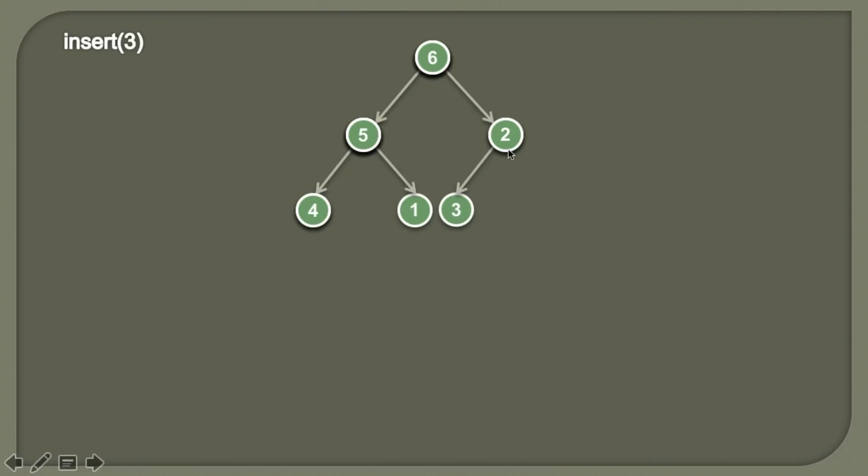We compare 3 with its parent whose value is 2. And we know that 2 is less than 3. Therefore we perform a shift up and swap these two values. And also, friends, we then compare 3 with 6 and we know that 3 is at its correct position, therefore no swap will be done.